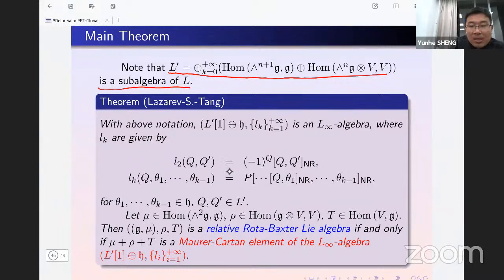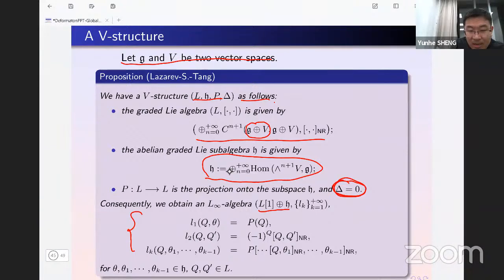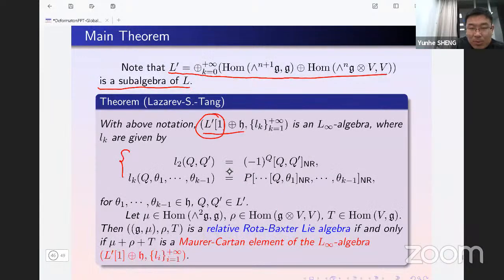Then on the direct sum of L prime 1 and H, there is an L infinity algebra structure. And this L infinity algebra structure is much easier than before. There is no l1. You can see here l1 needs the projection, but because here we take the subalgebra L prime, the projection is 0. So the L infinity algebra structure is easier than before.